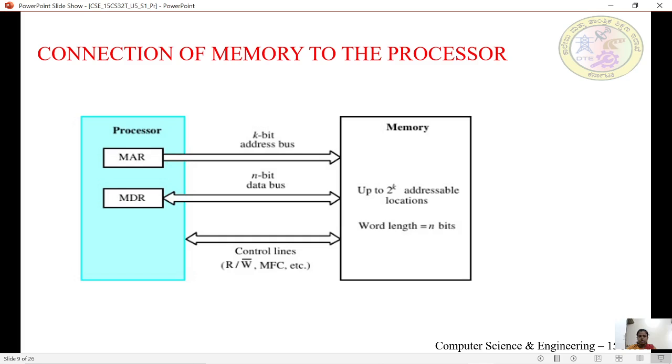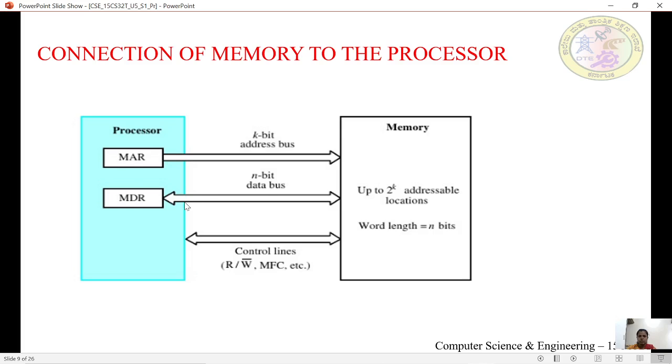Then memory confirms to the processor by sending the MFC signal, that is the memory function completed signal. It is an acknowledgement to the processor to indicate that the required data is available on the data bus.